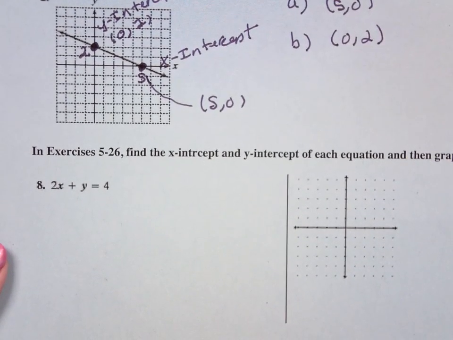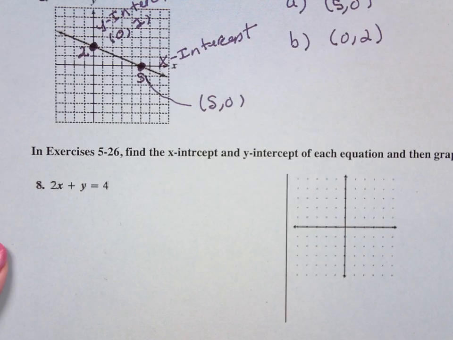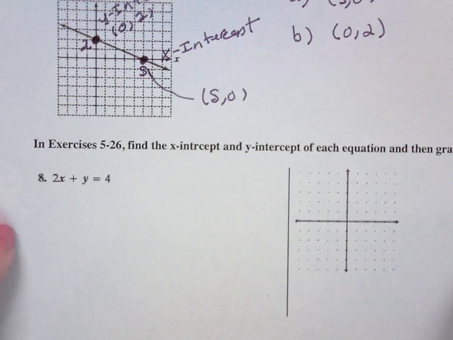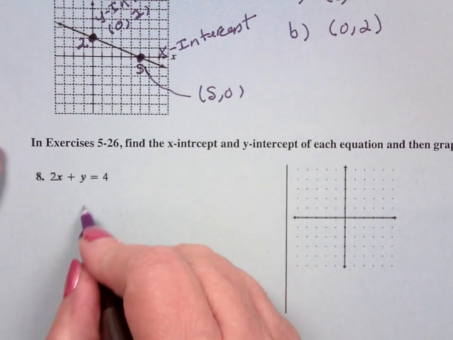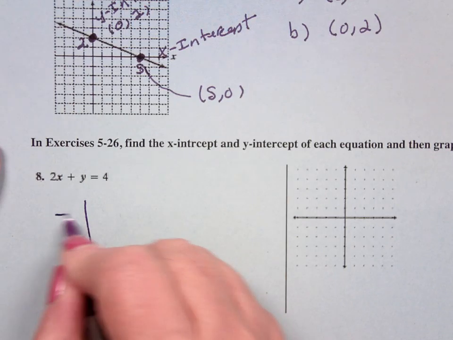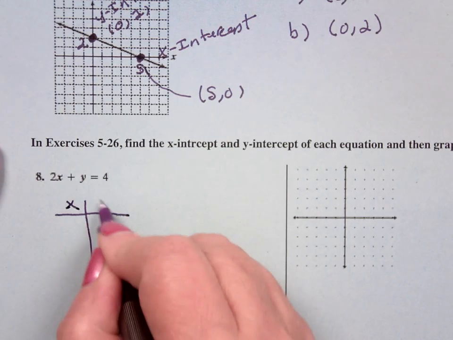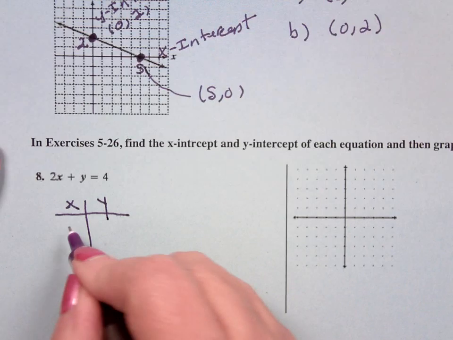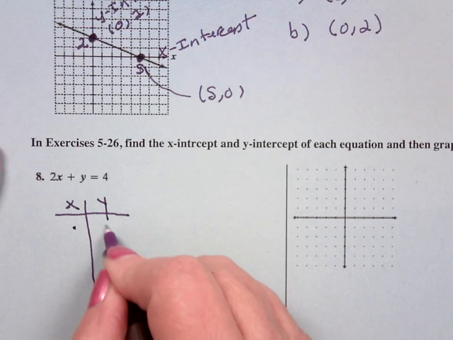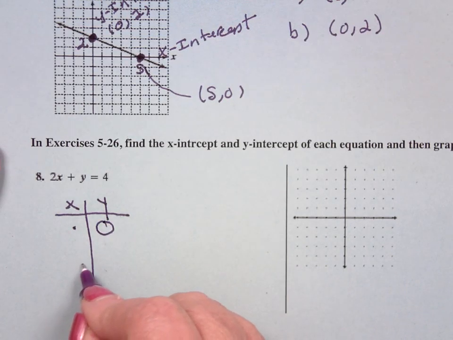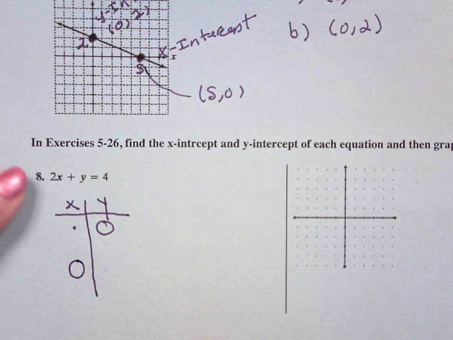And this says in exercise 5 through 26, find the x-intercept and the y-intercept and then graph. Well, I'm going to set up a T-bar chart. And the x-intercept is where y is 0 and the y-intercept is where x is 0.